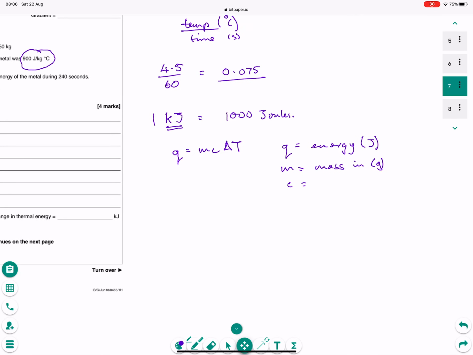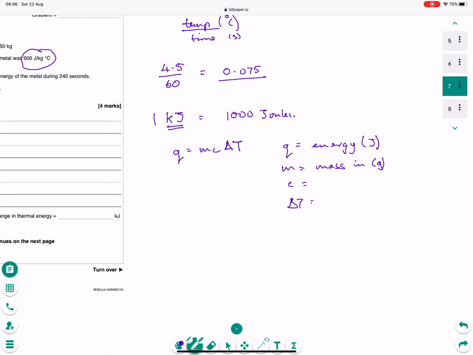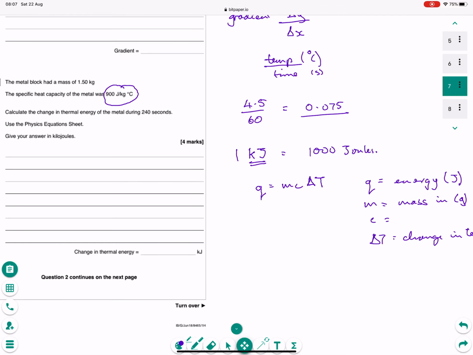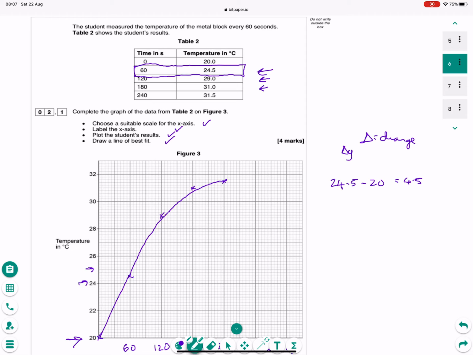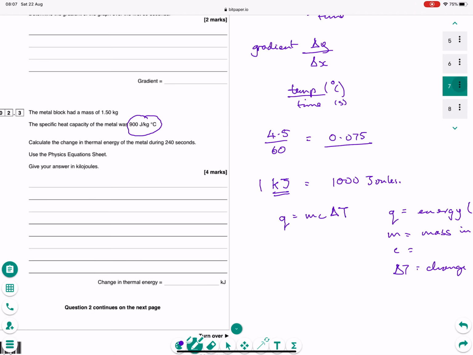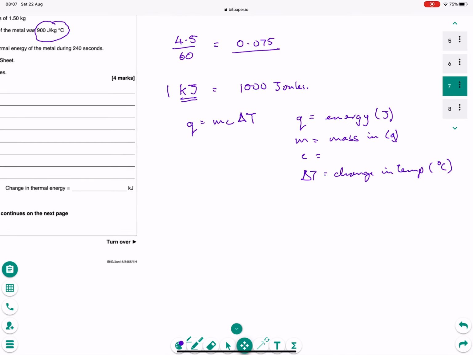And delta T is the change in temperature, and that is in degrees C, or degrees Kelvin, but degrees C. So the change in temperature over 240 seconds, go back to the graph, here, is equal to 31.5, minus what it was at the start, which is 20, which gives us, if my maths does not fail me, 11.5 degrees Celsius.